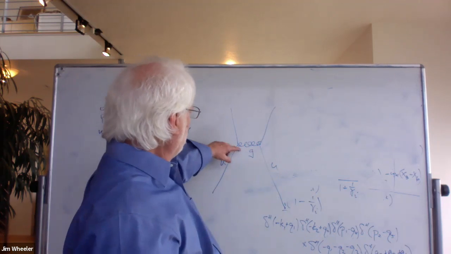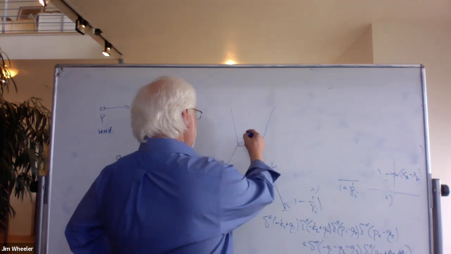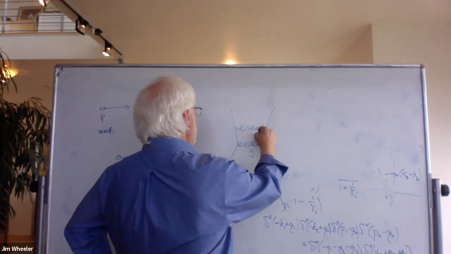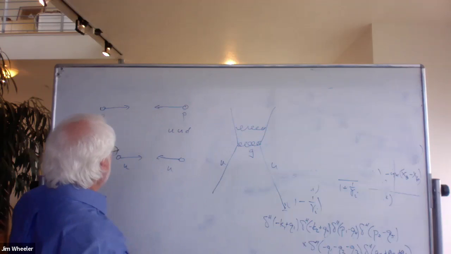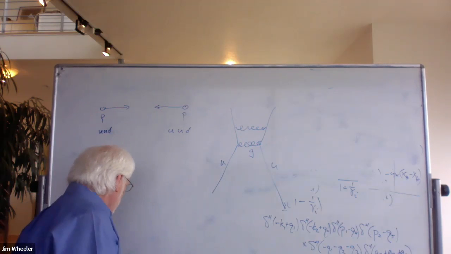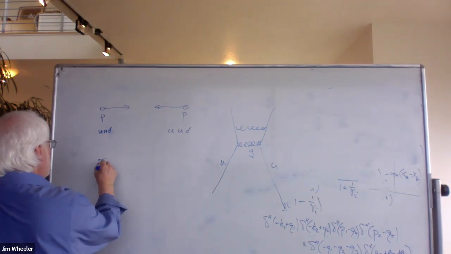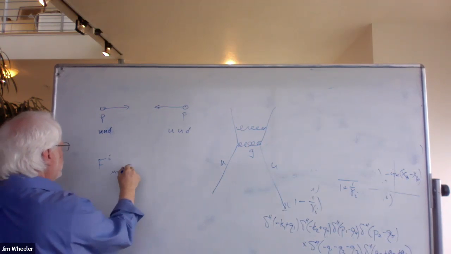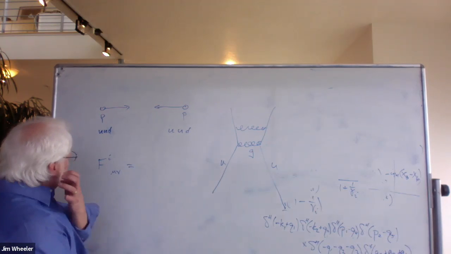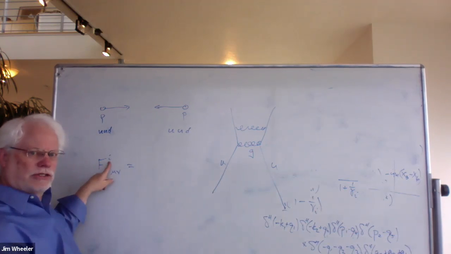There are lots of corrections. They could exchange two gluons, but gluons come from a gauge theory, an SU(3) gauge theory, where the i equals 1, 2, 3 field strength corresponds to the three colors of quark.